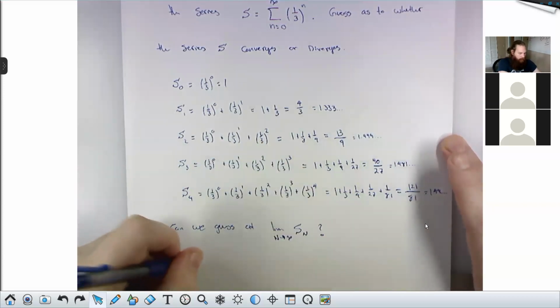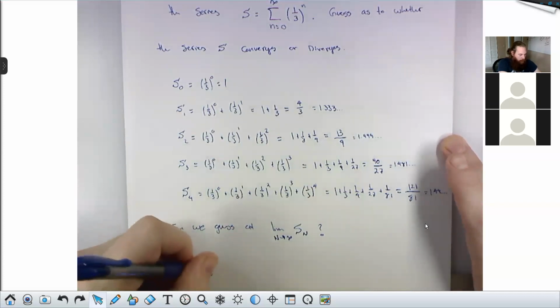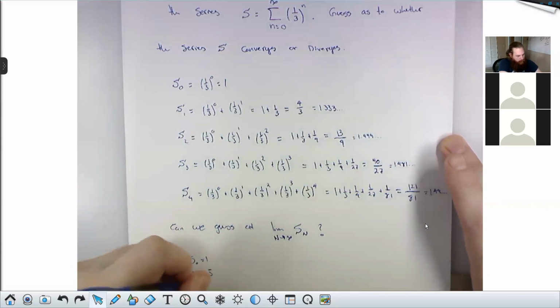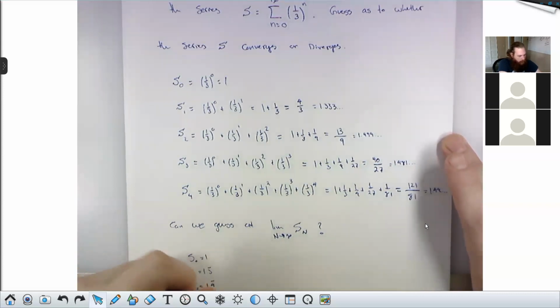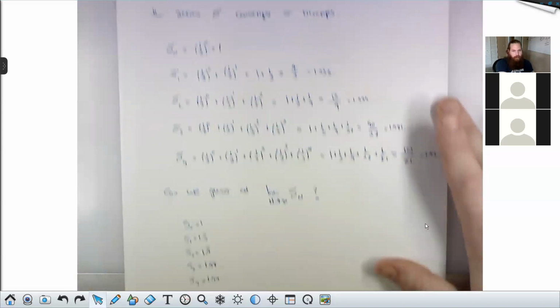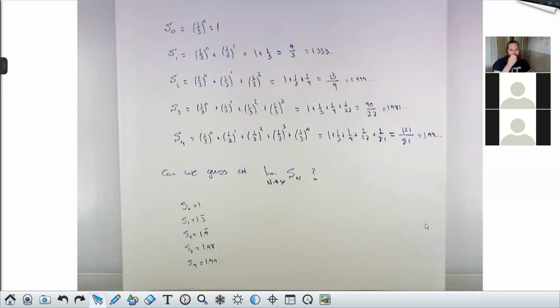S0 is 1, S1 is 1.3 repeating, S2 is 1.4 repeating, S3 is 1.48, dot, dot, dot. S4 is 1.49, dot, dot, dot. So what do we think? What does the limit as capital N goes to infinity of S sub capital N appear to be from this list?